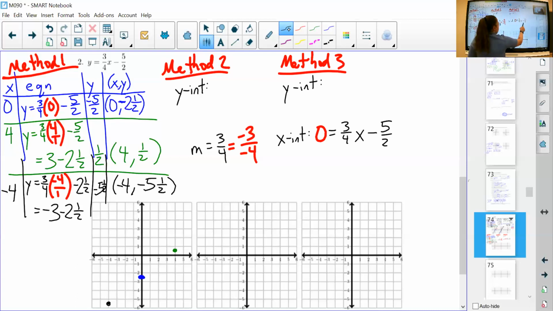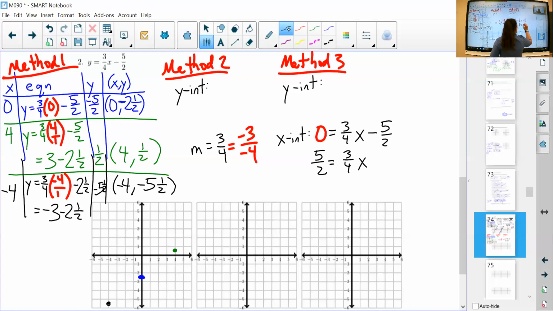I have just a single variable, so let's get that variable by itself. Remember, reverse order of operations, I'm going to add 5/2. I'm going to keep it as 5/2 because I've got fractions here. So 5/2 equals 3/4 x. Now I need to divide by 3/4, or equivalently, multiply by the reciprocal.